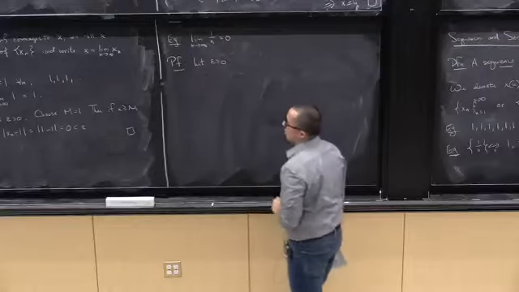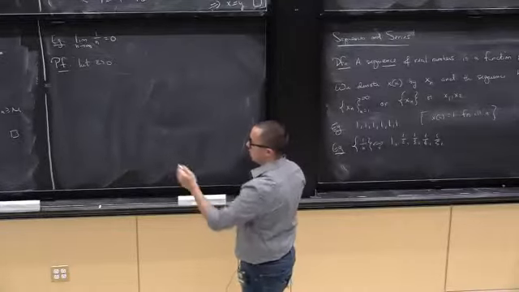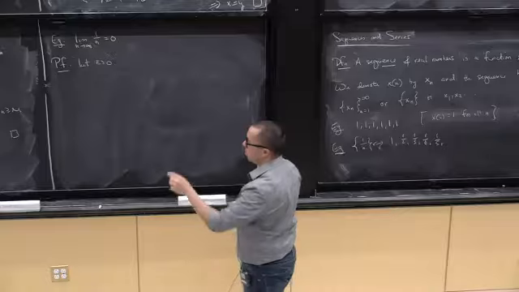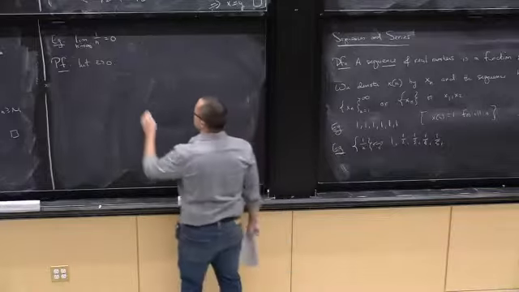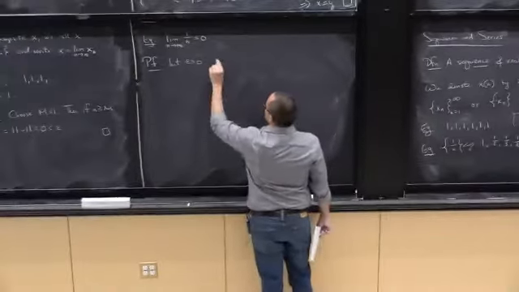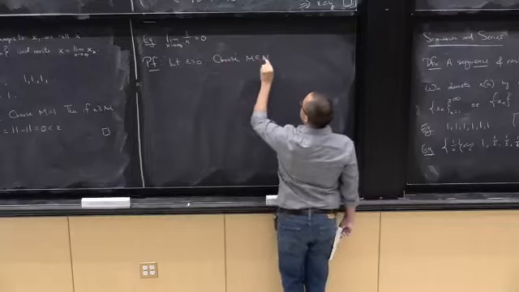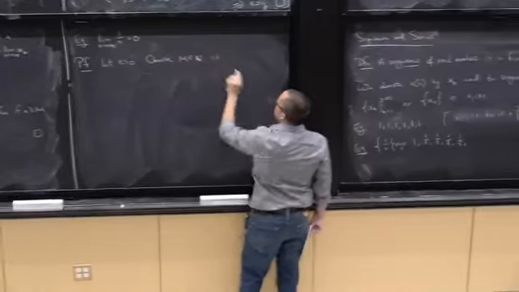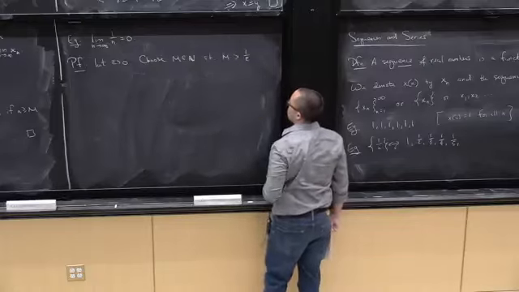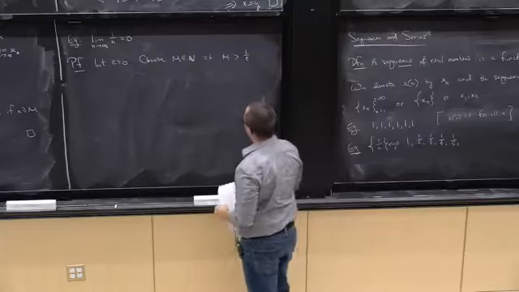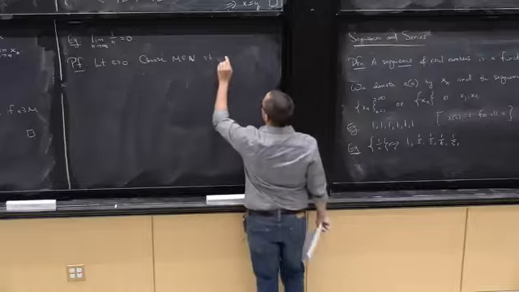Now I have to tell you how to choose capital M to ensure that little n bigger than or equal to capital M implies |x of n minus 0| in this case is less than epsilon. So I will say choose capital M, a natural number, such that M is bigger than 1 over epsilon. Okay? In fact, I'm not going to write it that way. I'm going to write it this way.